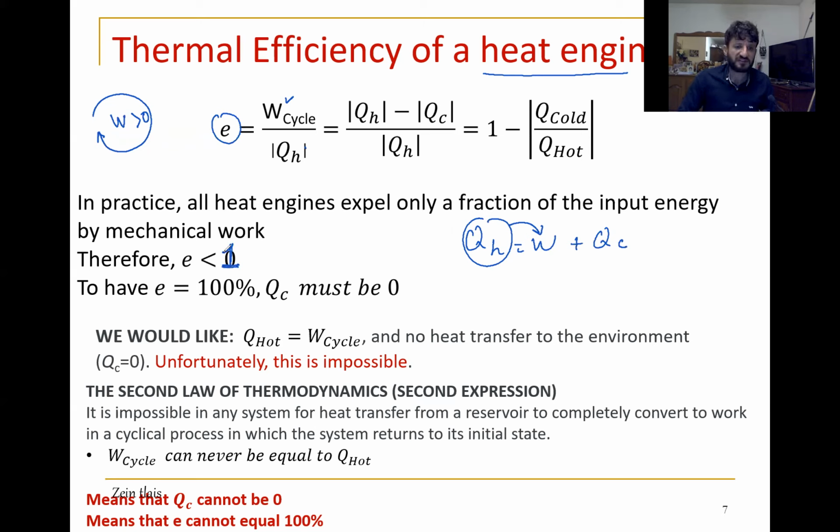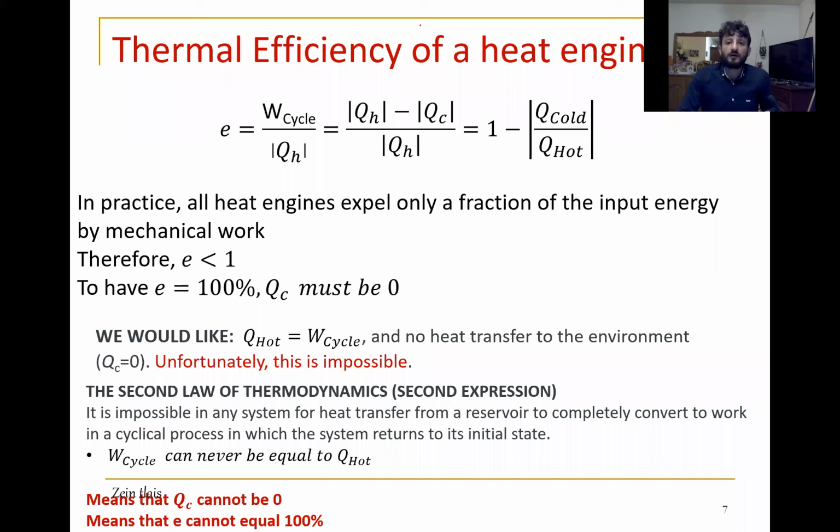So E must be less than 1. To have E equal to 1, Q cold must equal 0, but it is impossible to have zero Q cold.